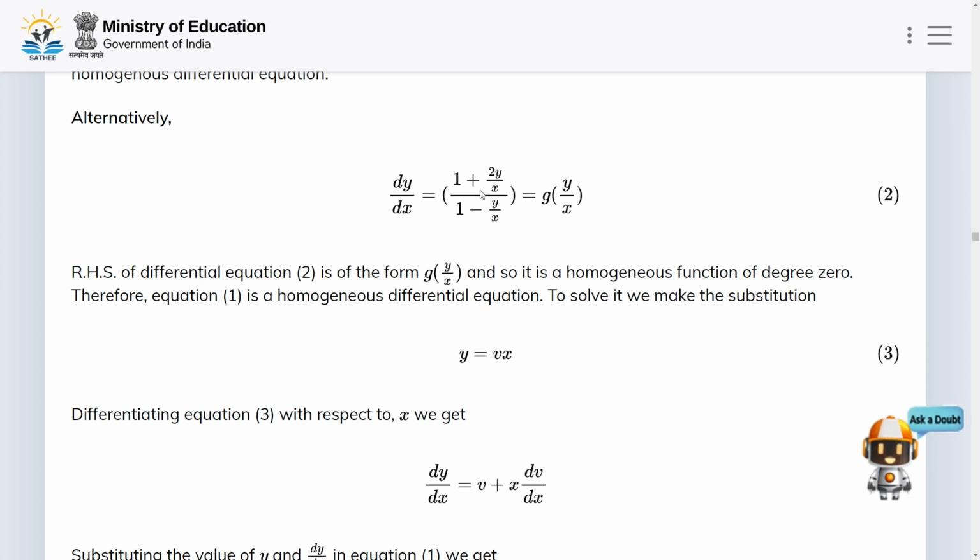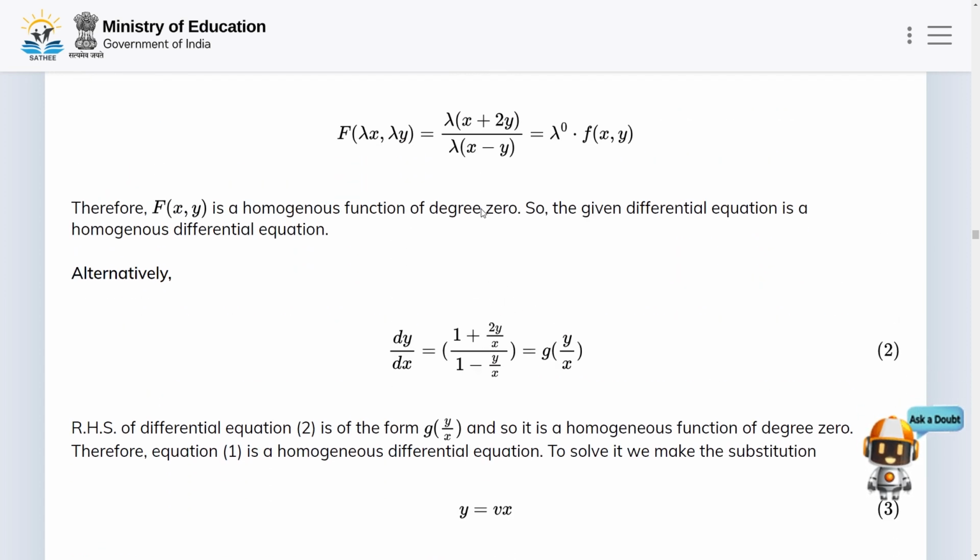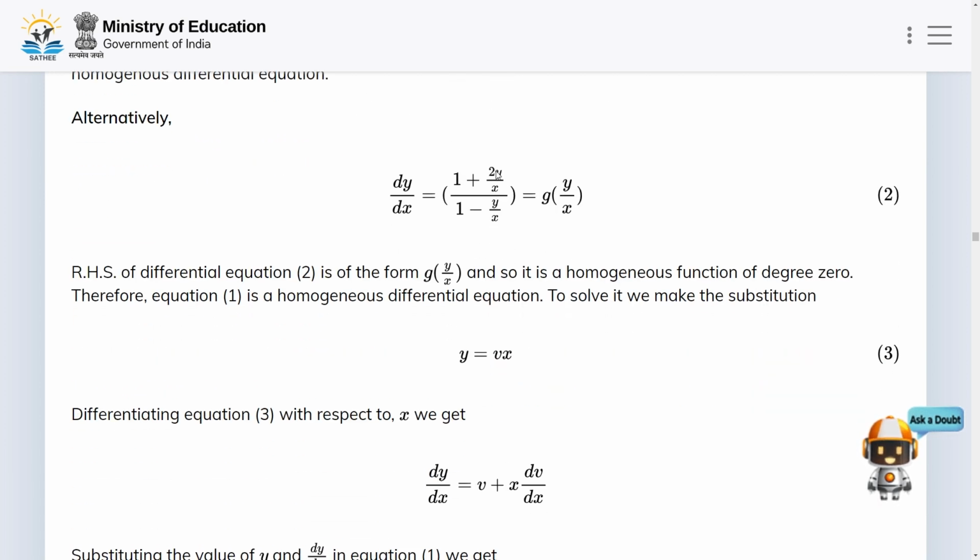Take x common from numerator and x common from denominator. You will get (1 plus 2y by x) divided by (1 minus y by x). Now this is your expression in terms of y divided by x. So this form also gives you a homogeneous differential equation of degree 0.